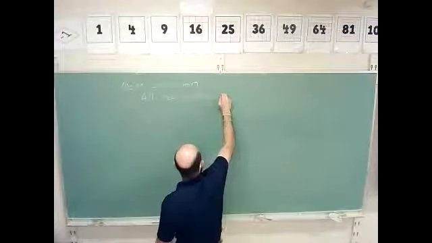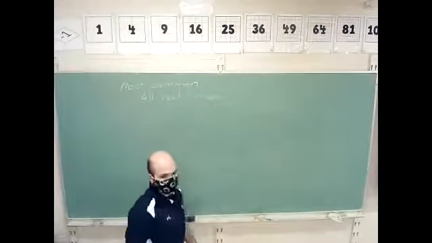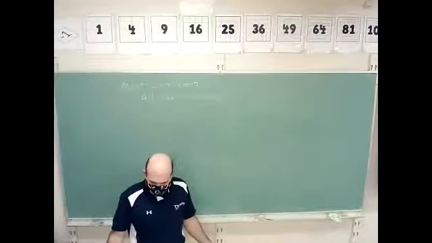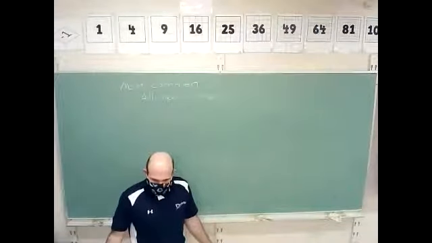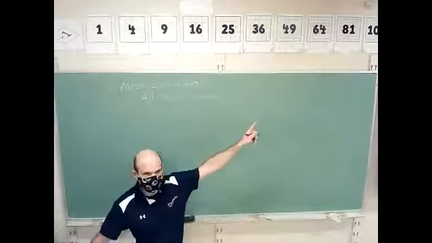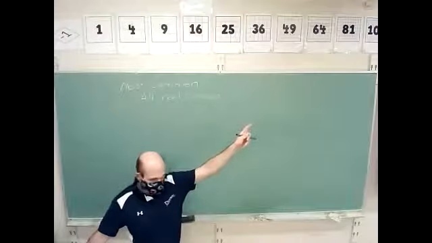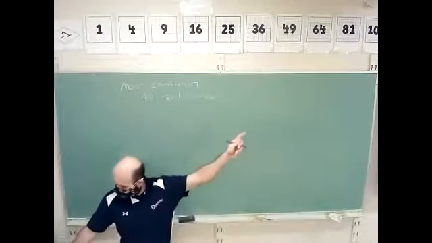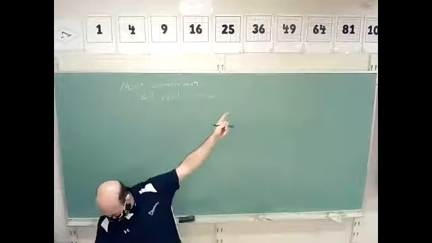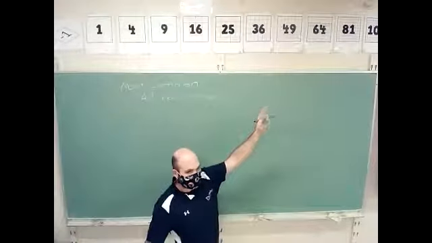Y'all did some domain and range in Algebra 1. If it was a line, the domain was going to be all real numbers because it went everywhere, right? It went as far to the left as possible, as far to the right, as far down as you could go, as far up as you can go.